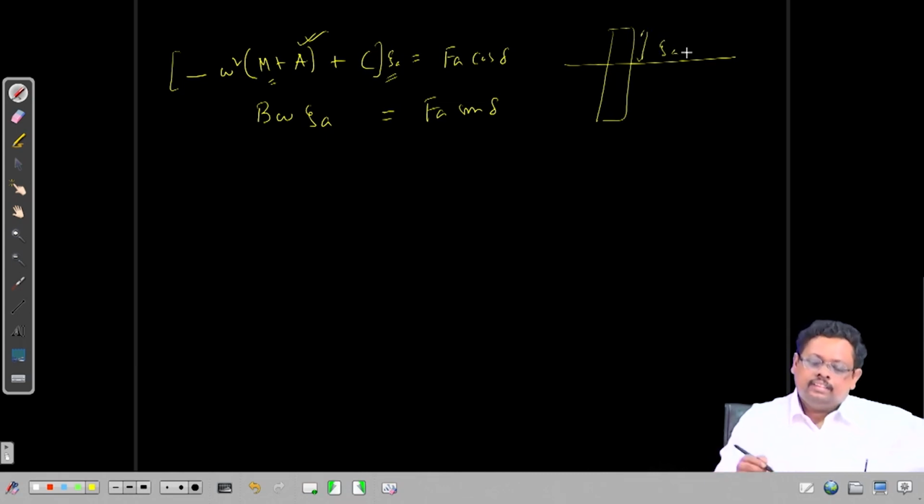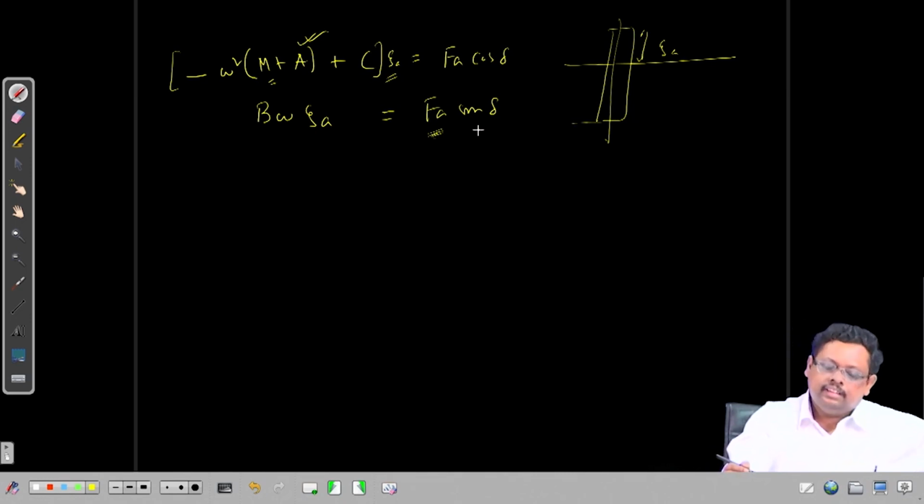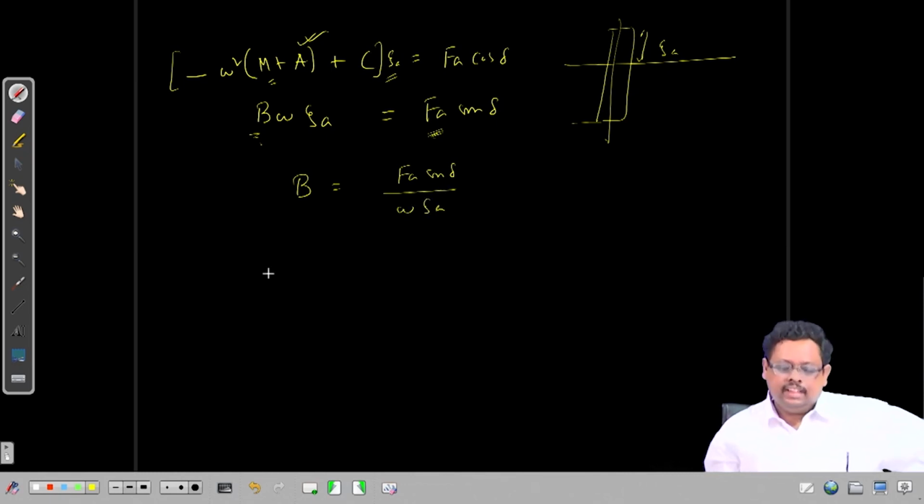And this force is known to you, because that is what you are going to read from the machine. You are putting some pressure sensor to get the pressure and forces. And from here also you can get the damping. So b equals f a sin delta divided by omega into xi a. So it is straightforward to get the b.